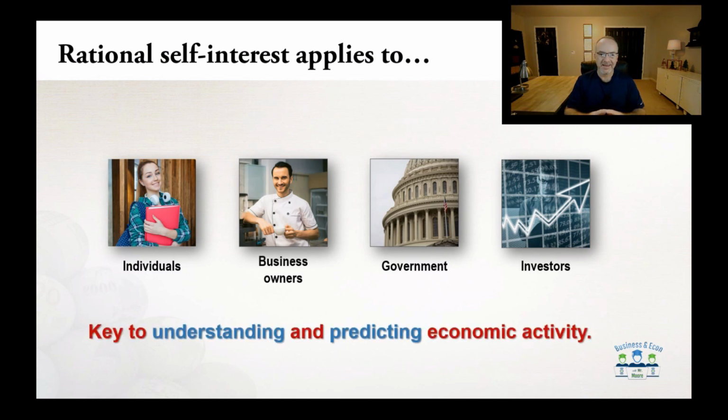And this is going to be key to understanding and predicting economic activity. When we start talking about what is going to happen if the price rises, what is going to happen if the price falls, what is going to happen if interest rates go up, what's going to happen if the government spends money, all of those things are going to be understood best when we understand that the rational self-interest principle applies.